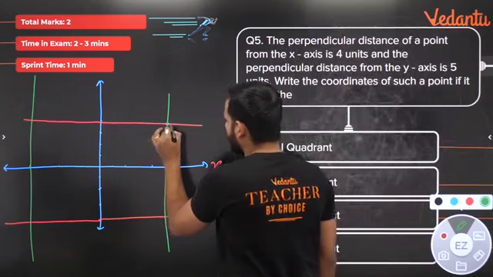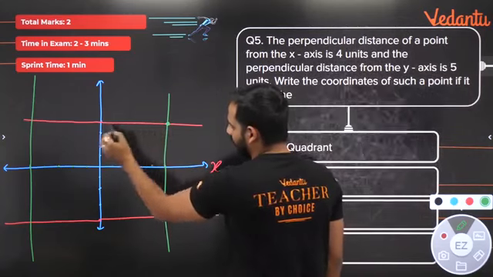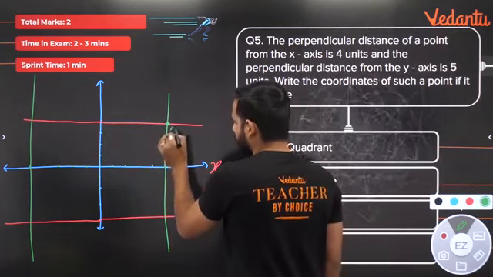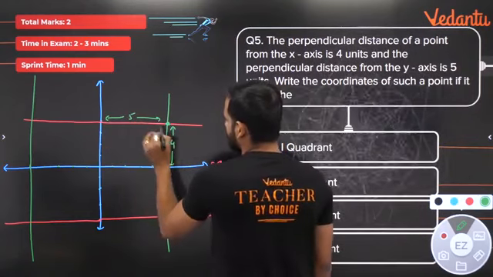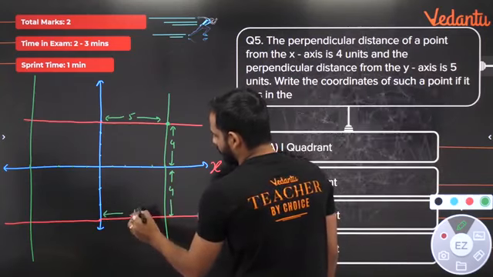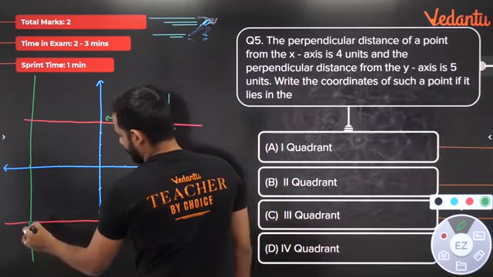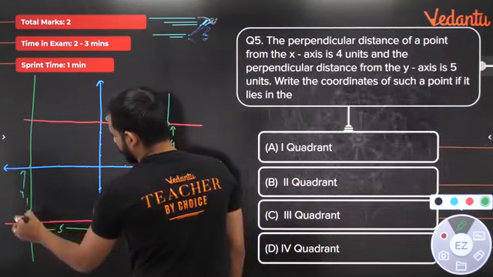See, this point is at a distance of 5 units from the y-axis and 4 units from the x-axis. Here also, from the y-axis 5 units, from the x-axis 4 units.